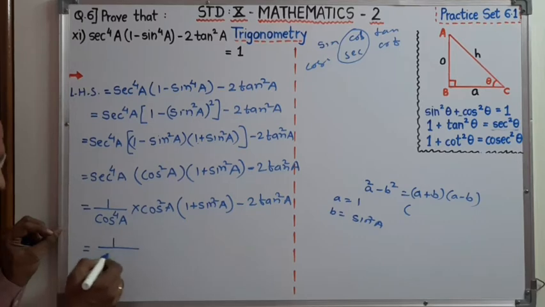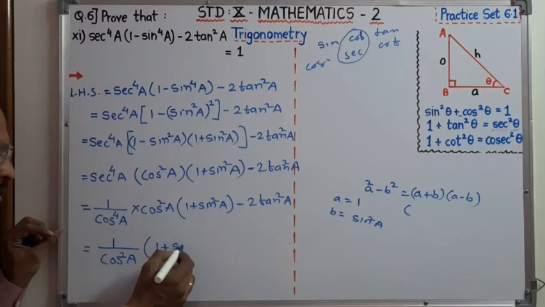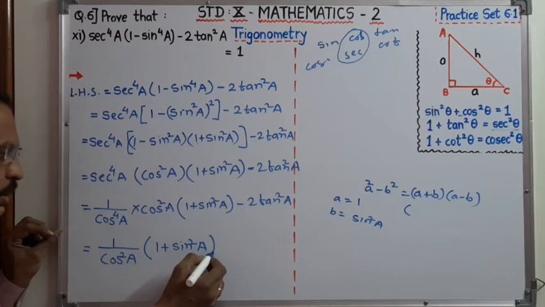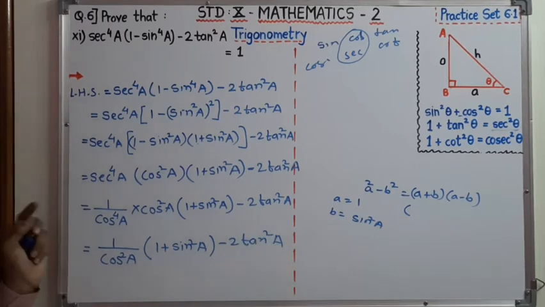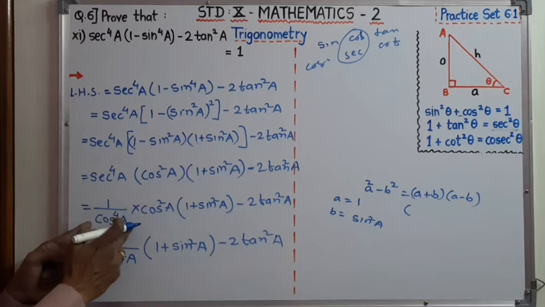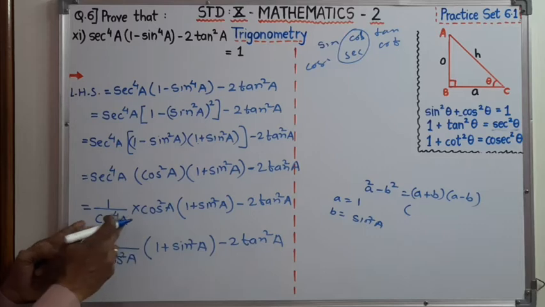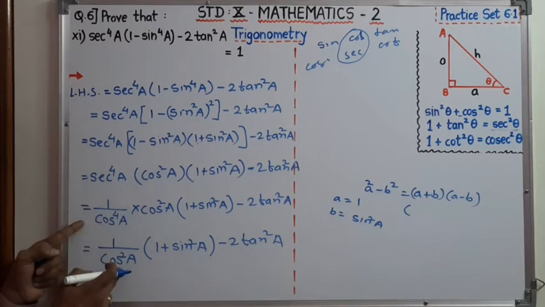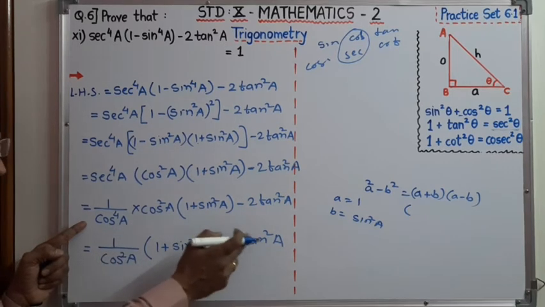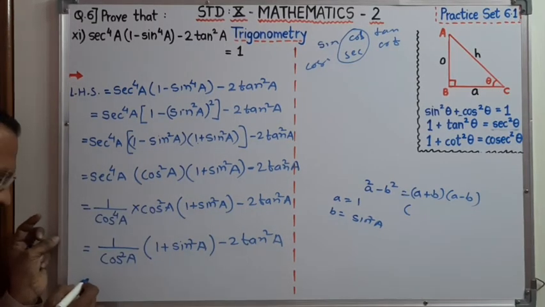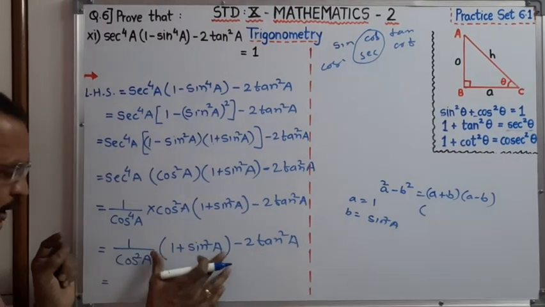Here it is 1 upon cos^2 A into (1 + sin^2 A), minus 2 tan^2 A. From cos^4 A, cos^2 A cancels, and what remains is cos^2 A. Now this is (1 + sin^2 A) minus 2 tan^2 A. Now dear student, what do we have to do? We have to write the next step. We have to multiply this bracket with this.